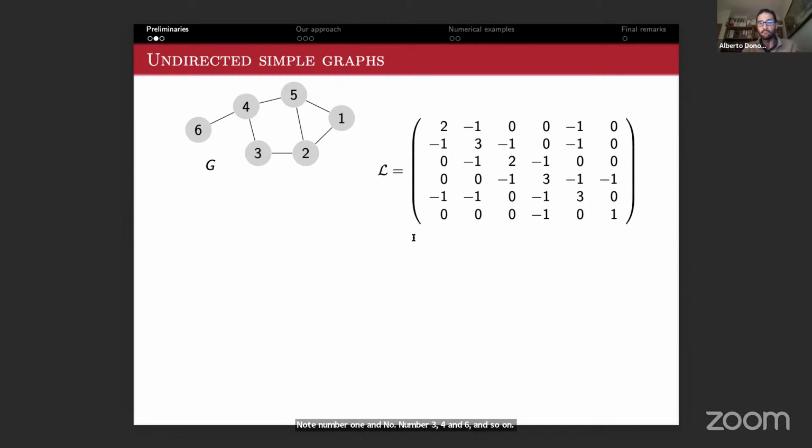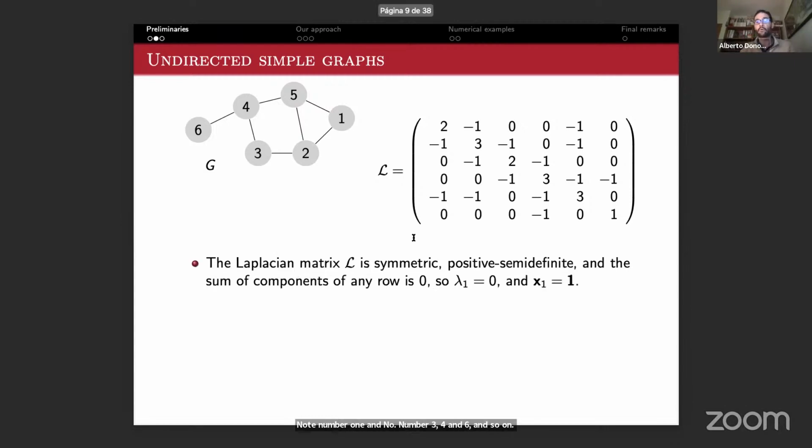This matrix has really important properties, and the most relevant are the following. It's symmetric, it's positive semi-definite, and the sum of the components of any row is 0, so that means the first eigenvalue equals 0. There is a classical result in graph theory that connects this matrix with an important concept, which is graph connectivity.